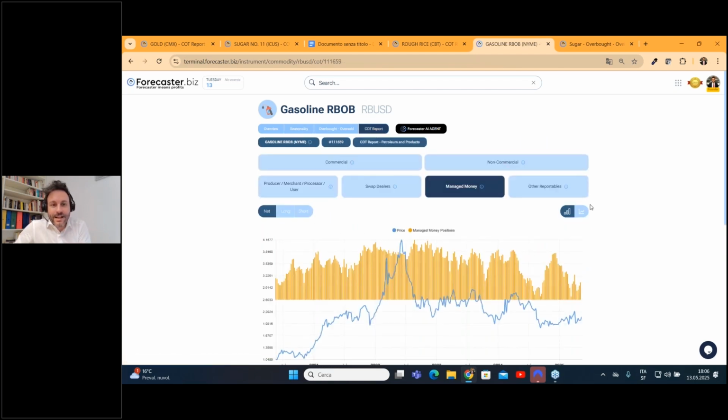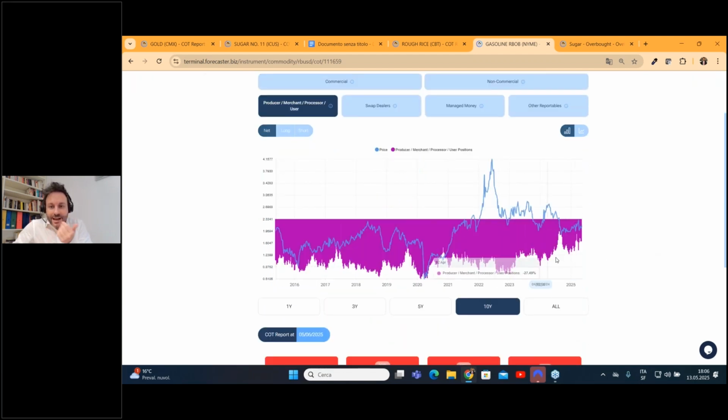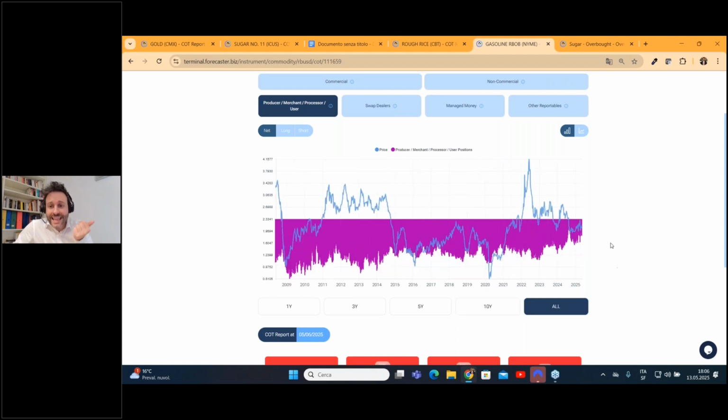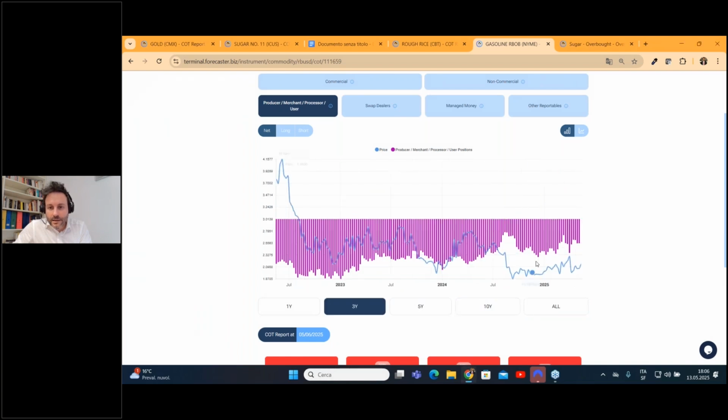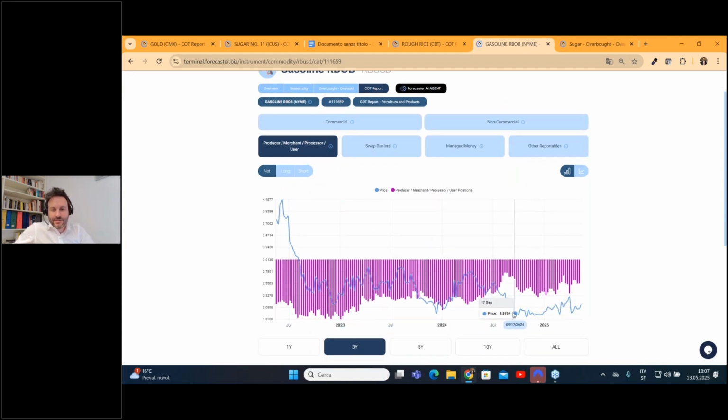Okay, let's have a look at the producers. Also in this case, the producers have never been so bullish like they are right now. Look, they were just a little bit more bullish in 2024 when the gasoline made the most important low.